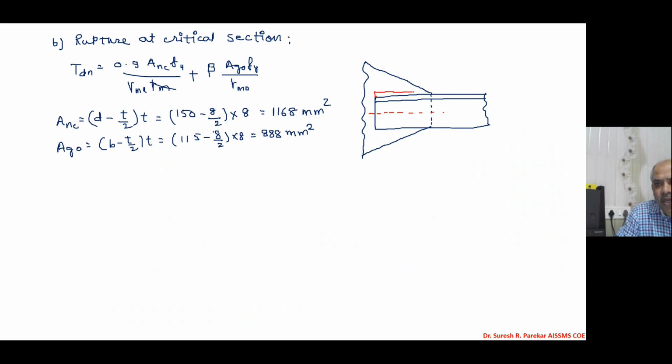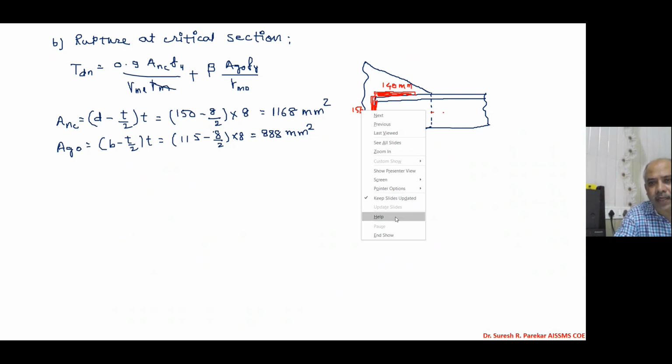So this will be 140 millimeters, and on the other side we have 60 millimeters. And it is mentioned that the connected leg is also welded to the gusset plate. So these are the welds. So this will be 150.